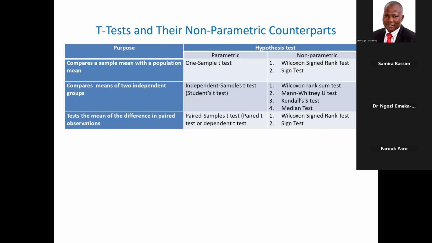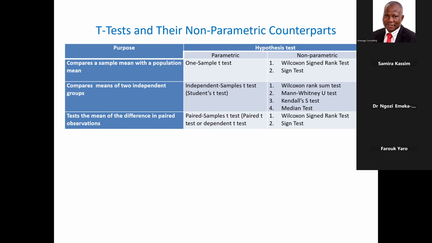But to be sincere with you, it is the Mann-Whitney that they usually use. They can use the Wilcoxon rank sum test, but Mann-Whitney is an improvement on it. That's why people prefer to use Mann-Whitney, because it has gone further than just using the ranking.